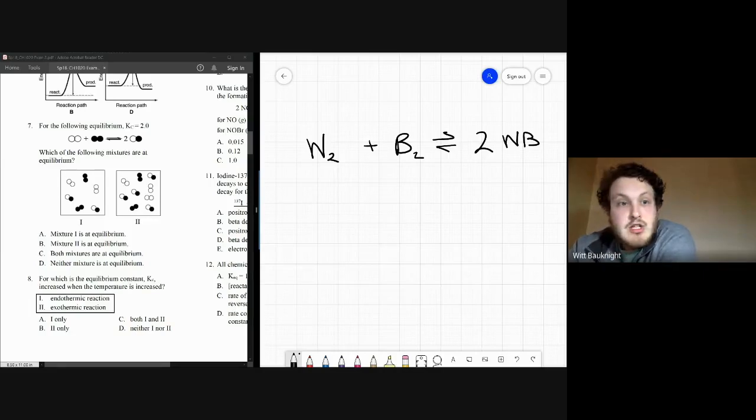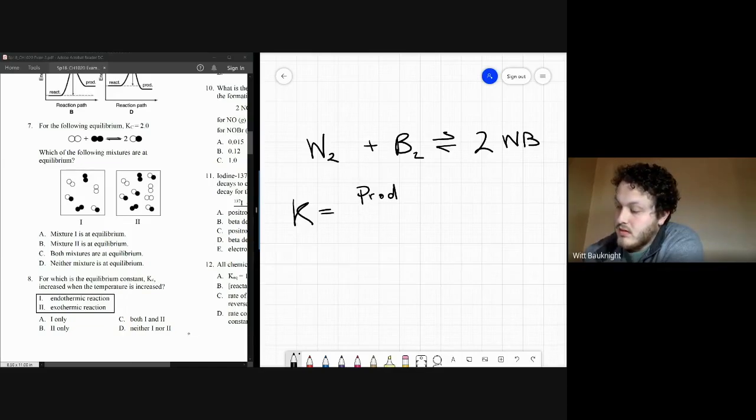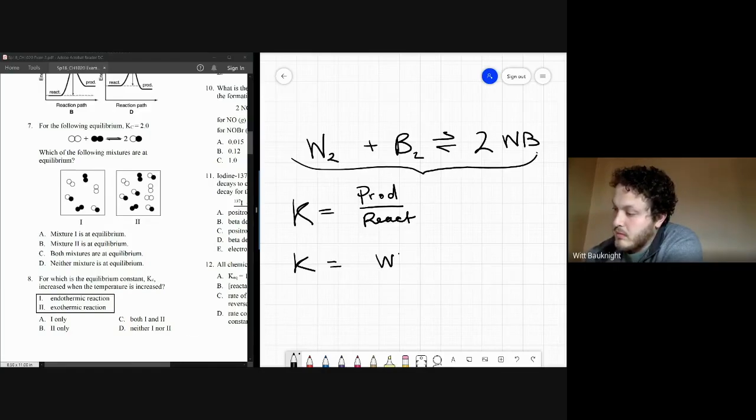It asks, which of the following mixtures are at equilibrium? Well, first of all, we need to figure out what K means. K is the products over the reactants. So for this chemical reaction, K is equal to WB squared because of that stoichiometric coefficient, over the concentration of the reactants, the white pair and the black pair.